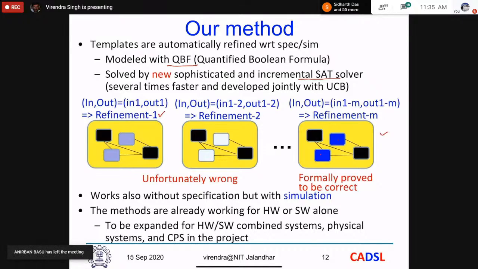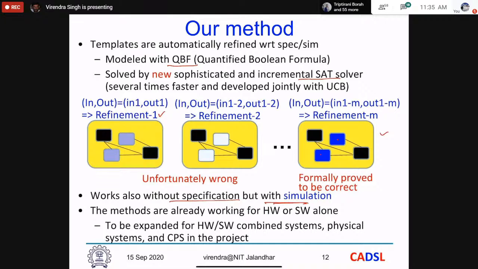This also works without a specification, but I need only the simulation. That is a good thing, and I'll show you why it can, because I'm just looking at two designs, where one design can give you different outputs.